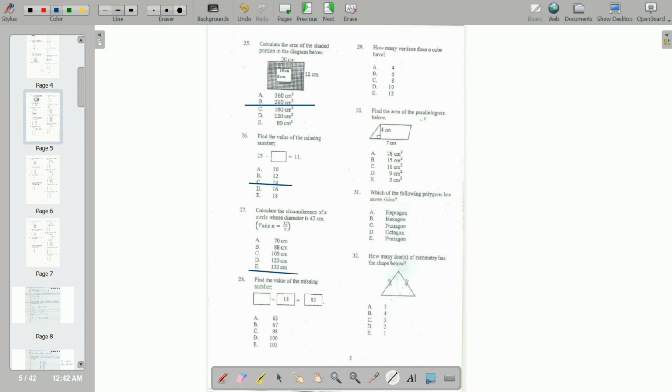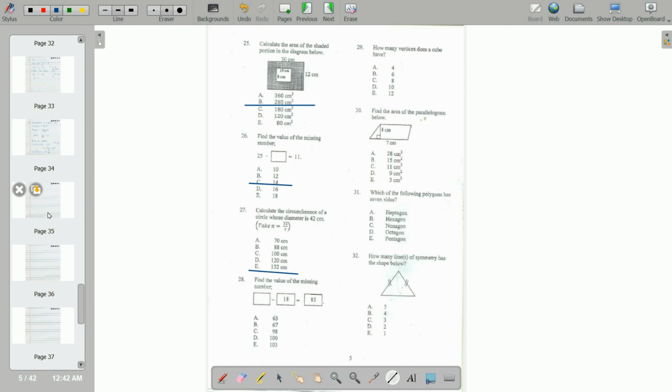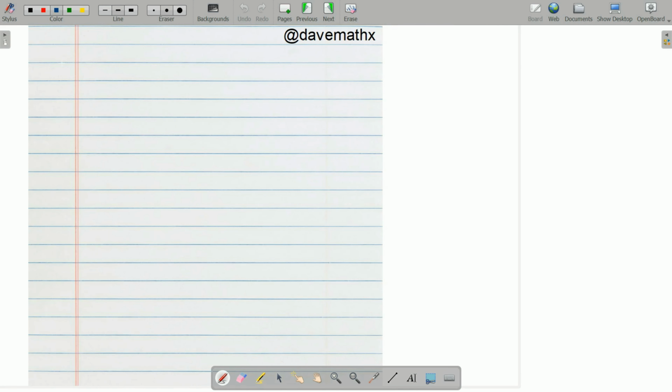Next is question 28. Box minus 18 is 85.